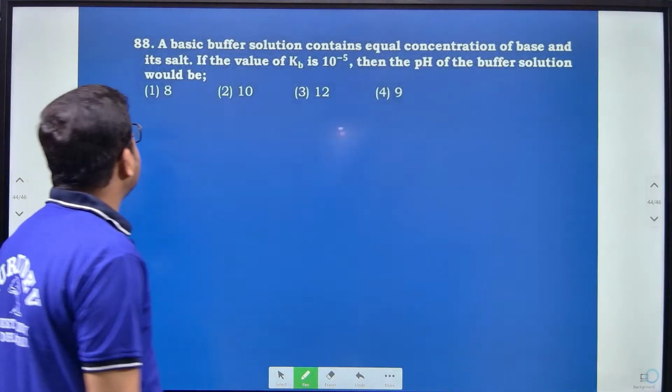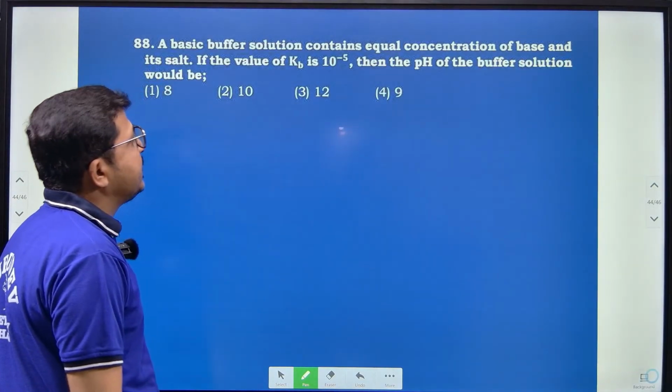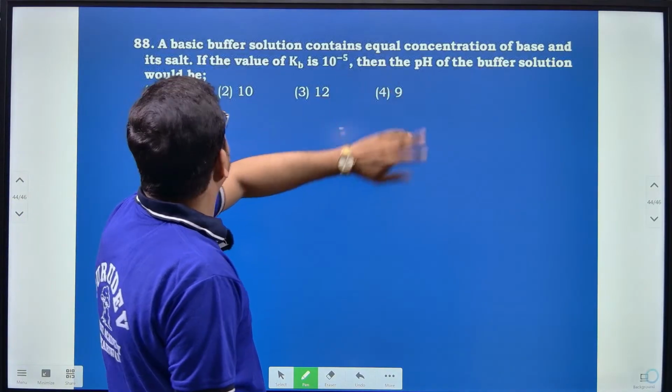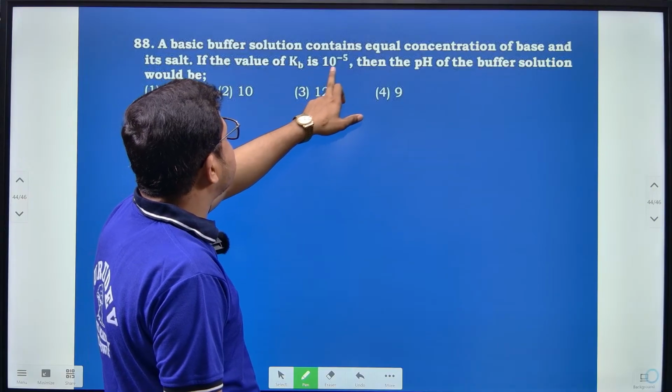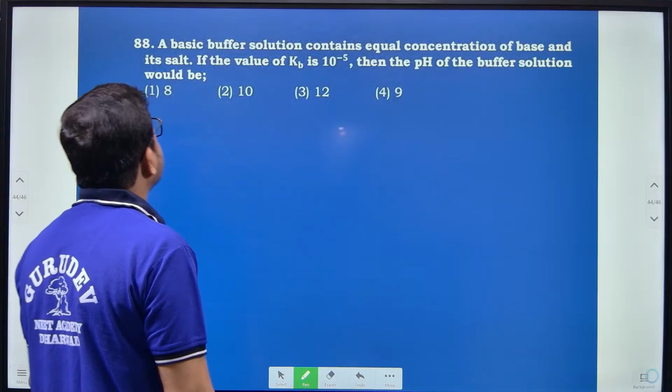Now let's move to question number 88. A basic buffer solution contains equal concentration of base and its salt. If the value of Kb is 10 to the power minus 5, then what would be the pH of the buffer solution?